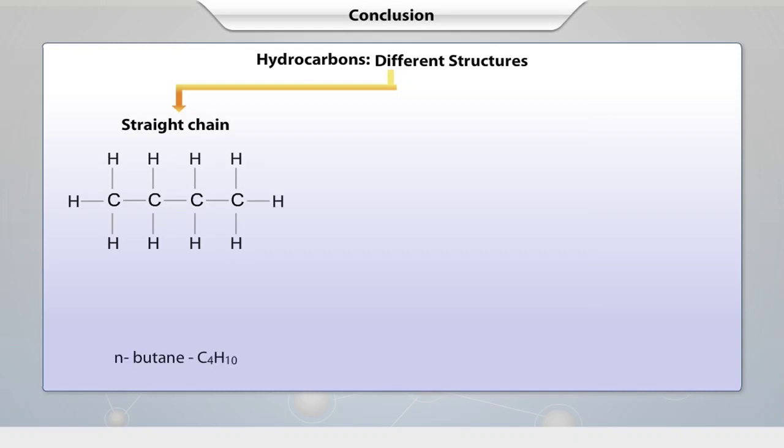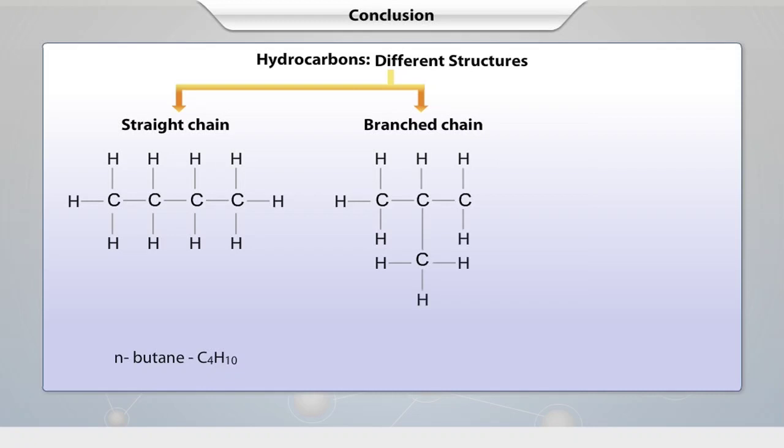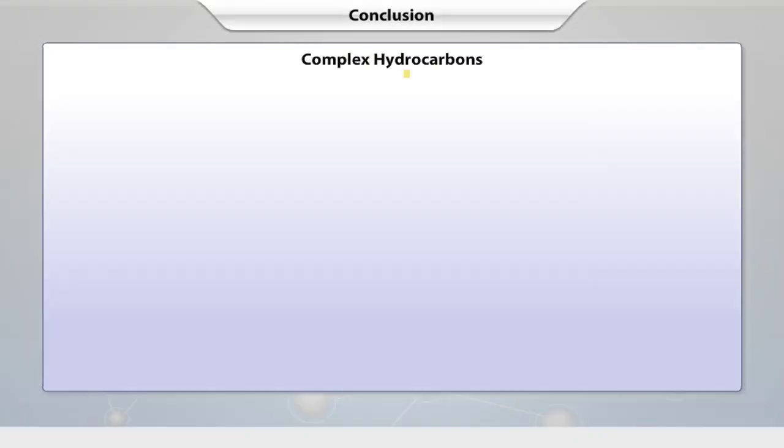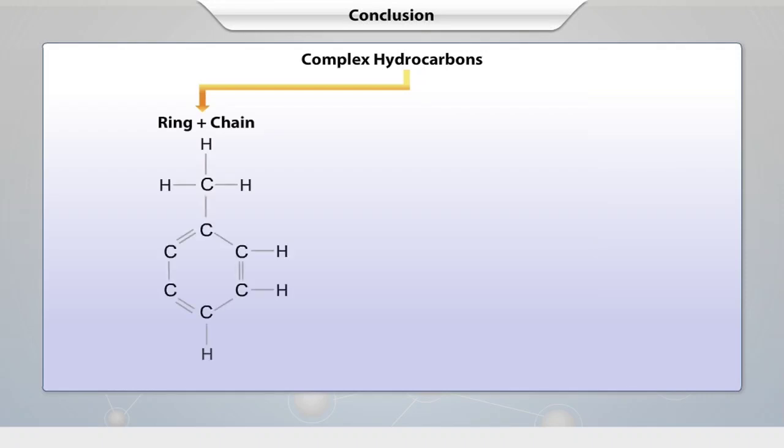If the carbon atoms are linked in a branched manner, we get branched chain hydrocarbons. And finally, if the carbon atoms are linked in a cyclic manner, we get cyclic hydrocarbons. Besides, carbon atoms in a hydrocarbon could also form combinations of rings and chains to give complex hydrocarbons.